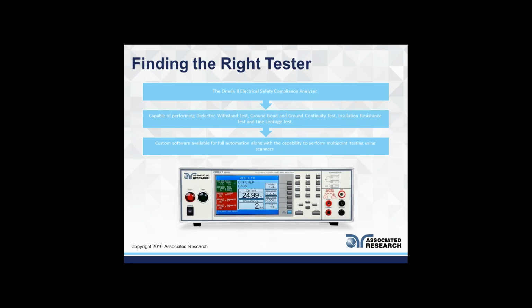The 500 VA requirement is listed in some of the standards, and some of the standards do make an exception to it as long as you have a voltage meter measuring the voltage across your DUT. All our testers come with a voltage meter already built in. So if the standard does have an exception for 500 VA, all of our testers will qualify for that.